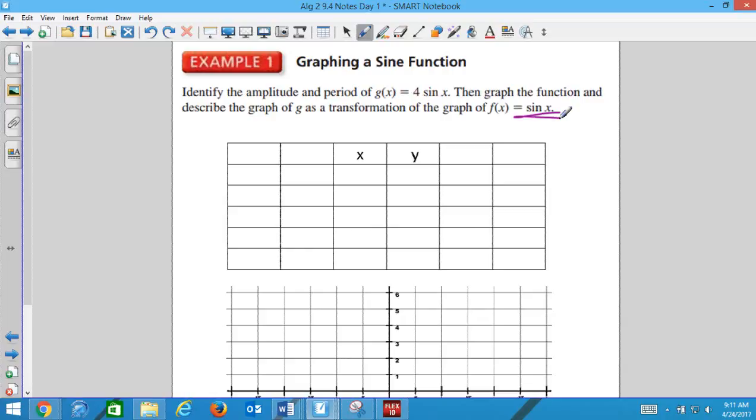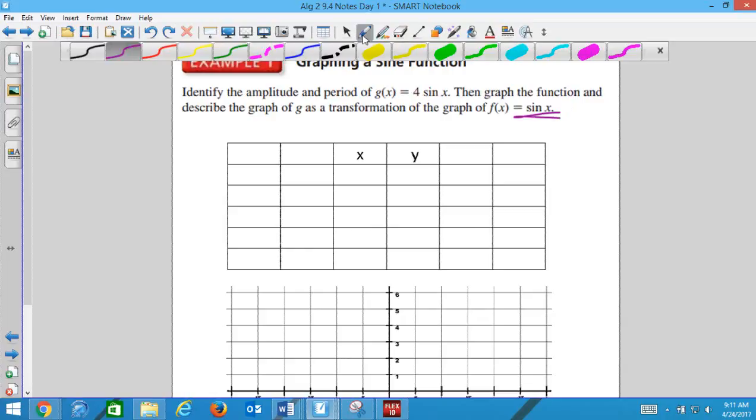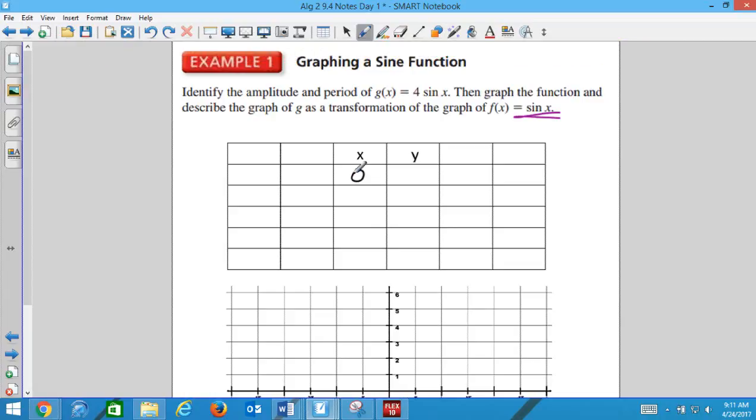Okay? So the first thing I'm going to do is write down the key points that we wrote down for sine. The x key points are going to be the same for sine and cosine. They're always going to be the same. The x key points are going to be 0, pi over 2, pi, 3 pi over 2, and 2 pi. They're the quadrantals. Every time. Those are the key points.